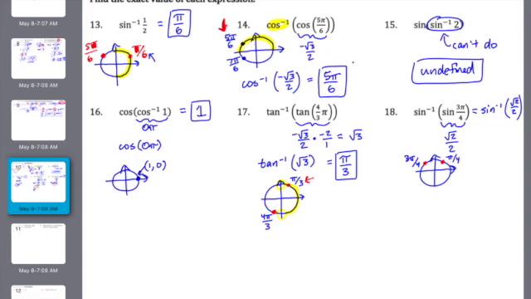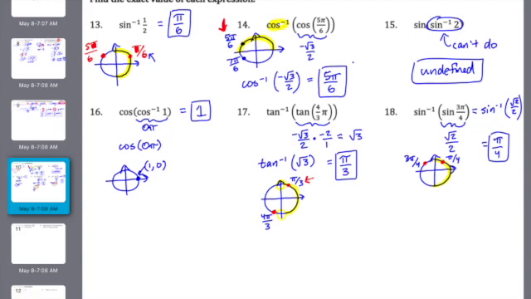So sine inverse's restricted domain is from negative pi over 2 to positive pi over 2. So the only choice that's going to work here is this pi over 4. All right, so that's our answer for number 18.